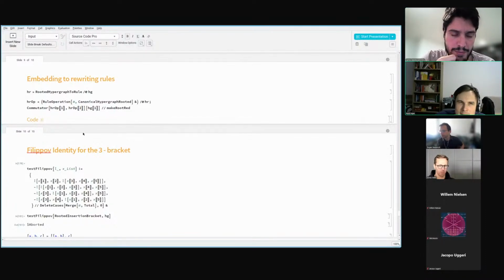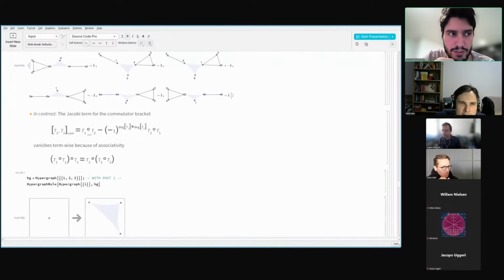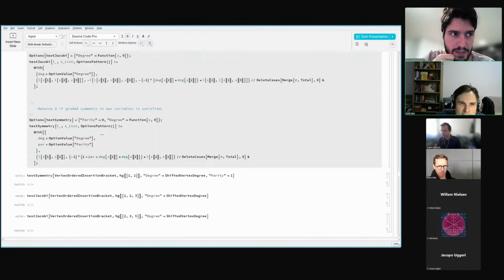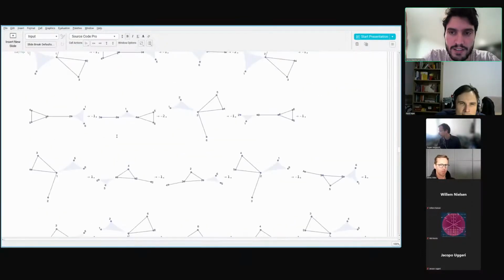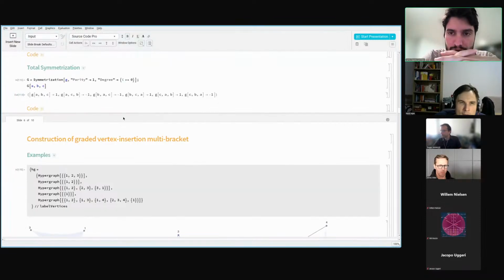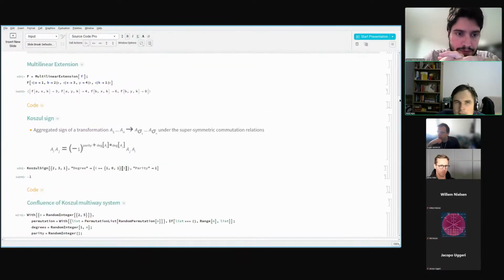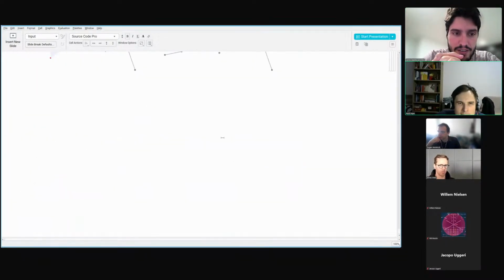Possibly, although it's not really clear. You don't know how you would write a formula for the ternary bracket right now, or do you? We have the ternary bracket. So what would be the formula in terms of the insertion?